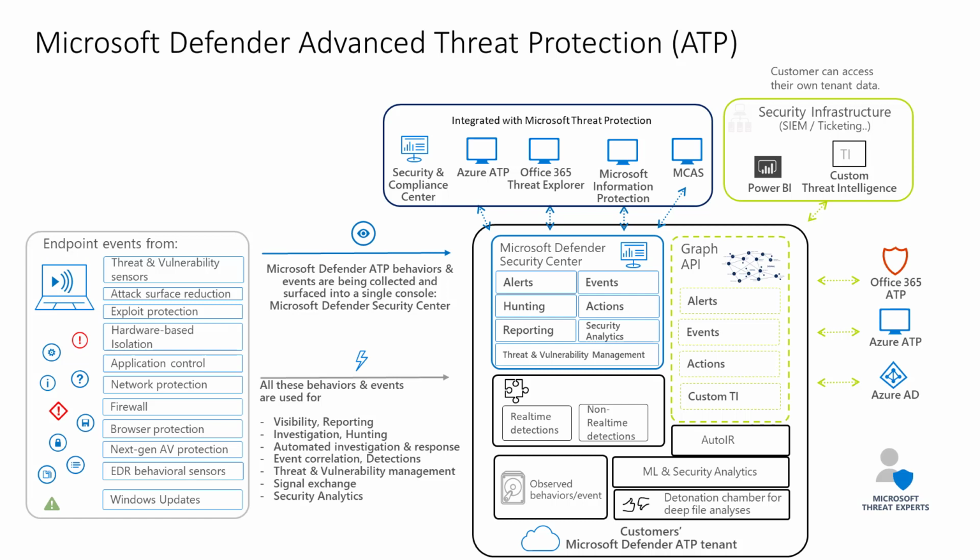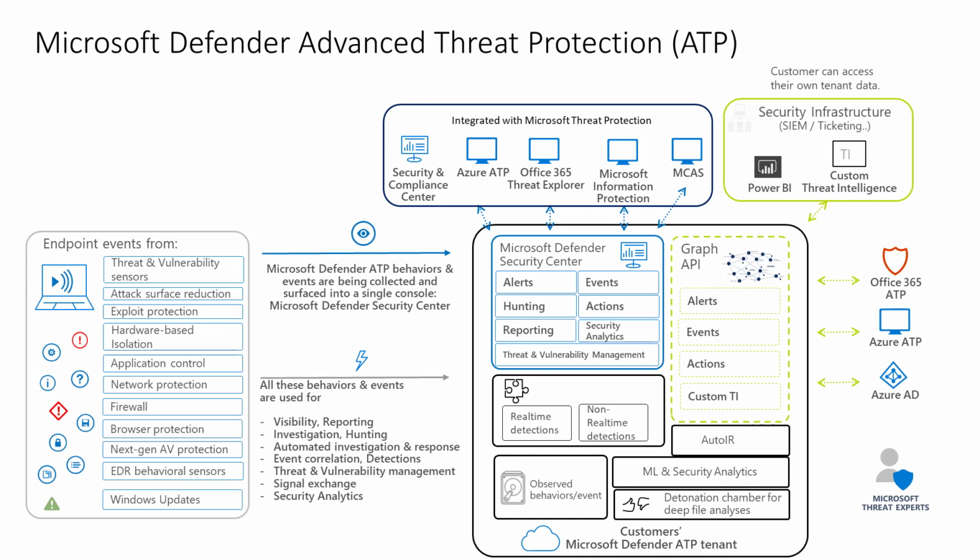You can see here that it's reporting all that data into the Defender Security Center, which is the main pane of glass for Defender ATP. With that management dashboard, you can do all of your investigation, but it also allows the system to automatically correlate events and alerts.